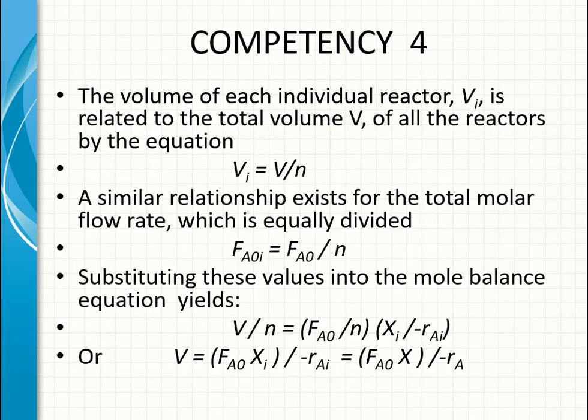Substituting these values into the mole balance equation yields V divided by n is equal to FA0 divided by n times Xi divided by minus rAi, and V equal FA0 times Xi divided by minus rAi is equal to FA0 times X divided by minus rA, the rate.